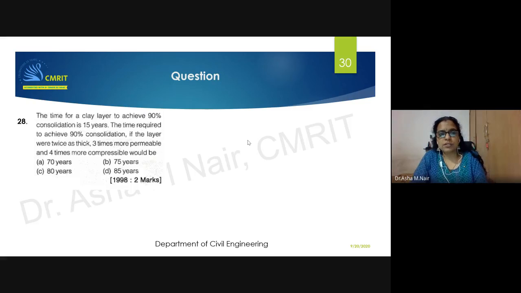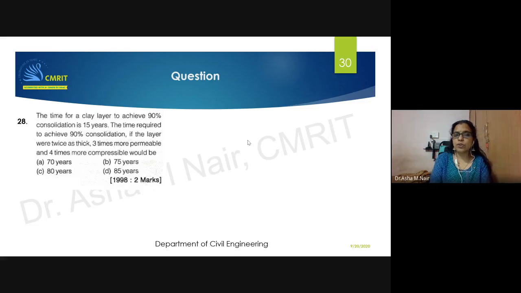The next one. The time for a clay layer to achieve 90% of the consolidation is 15 years. What is the time required to achieve 90% consolidation if the layer were twice as thick, 3 times more permeable and 4 times more compressible?